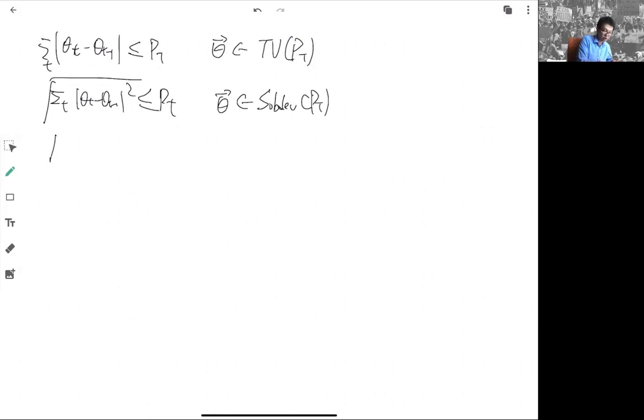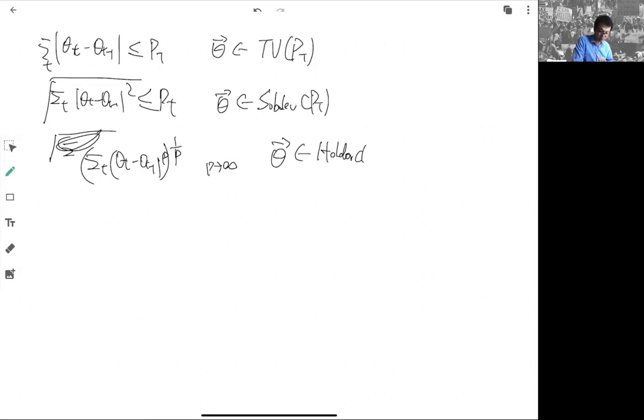More generally, you can do the p norm, sum of theta t minus theta t minus 1 to the power p, to the 1 over p. There are other function classes you can talk about, and in particular when p goes to infinity, this is the family of Lipschitz functions called the Holder class, parameterized by this parameter pt.